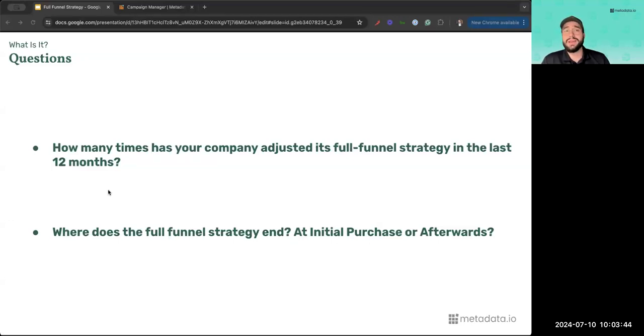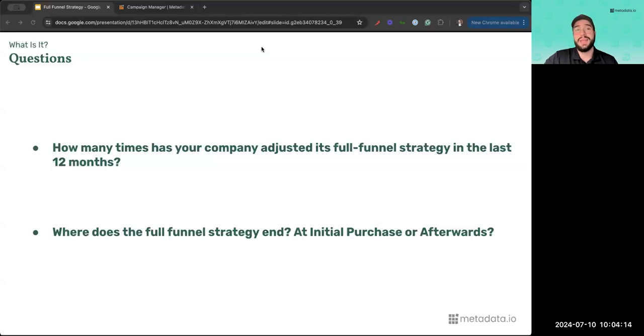This also has a heavy impact on your go-to-market strategy. For example, if you have a land and expand or an upsell motion, that is definitely going to contain the afterwards section of it, post-conversion. At the same time, if you're focusing on product and retention and a lot of other aspects too, where you probably need to be doing a lot of customer marketing, that is also going to be after the initial purchase.